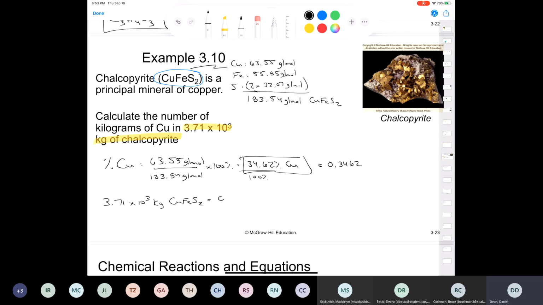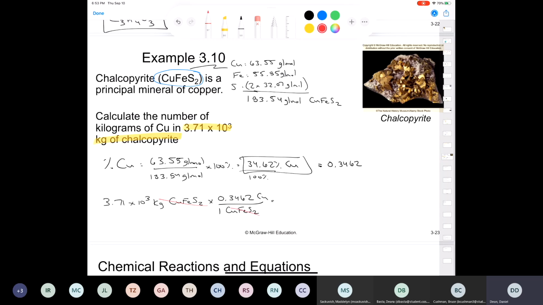And I know that there is 0.3462 parts copper in one molecule of chalcopyrite, like that. Okay, boom, and boom.